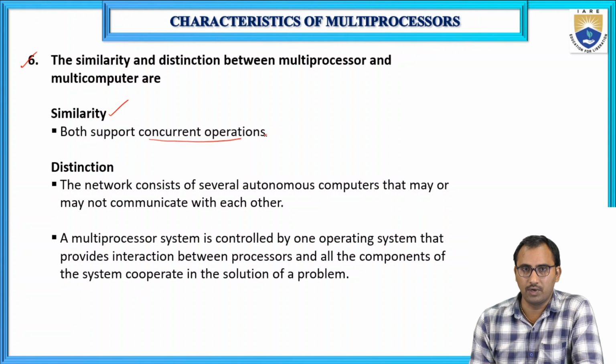The distinction is that a network consists of several autonomous computers that may or may not communicate with each other, while a multiprocessor system is controlled by one operating system. So in a multiprocessor system we have multiple processors, but all those CPUs are controlled by a single operating system that provides interaction between processors, and all components of the system cooperate in the solution of a problem.